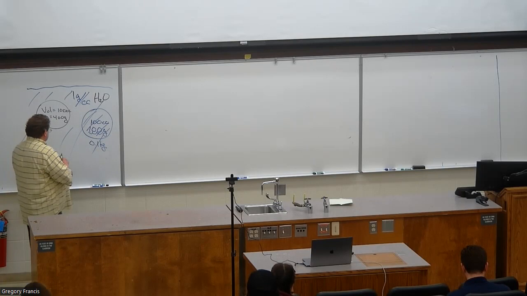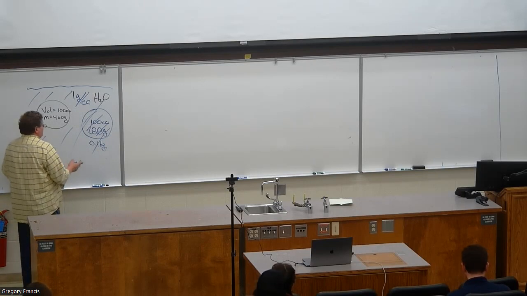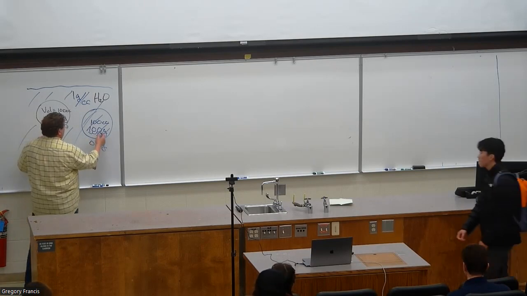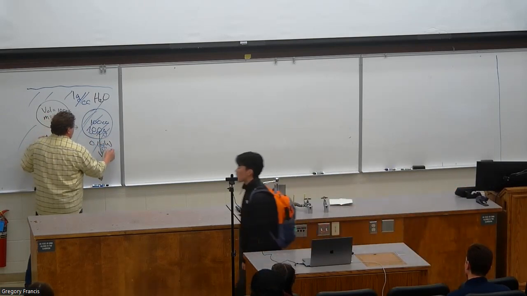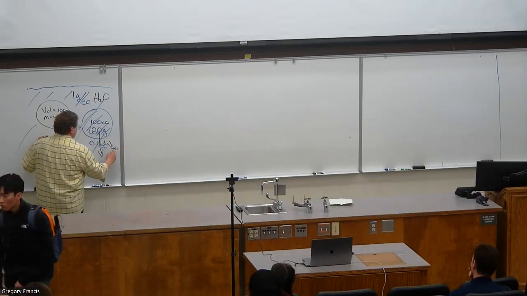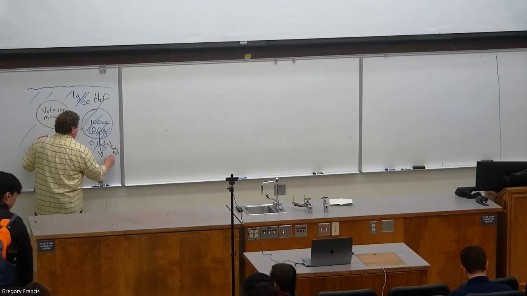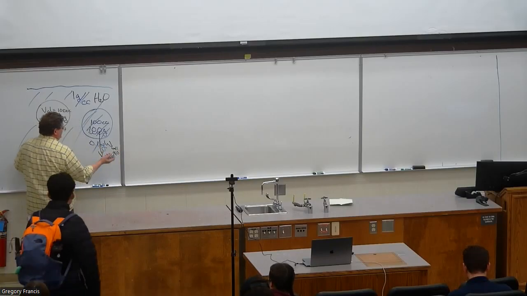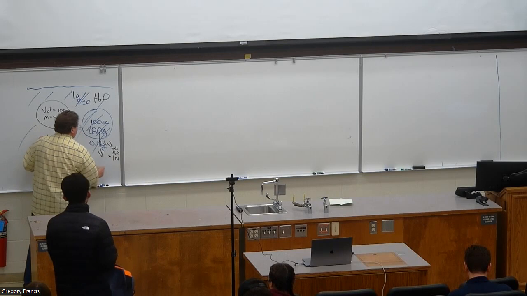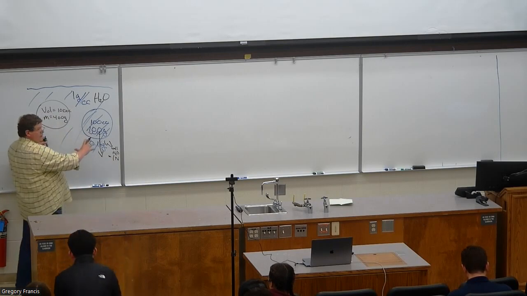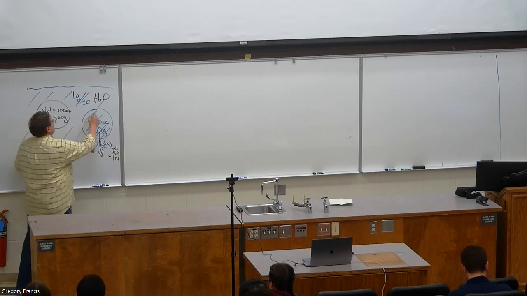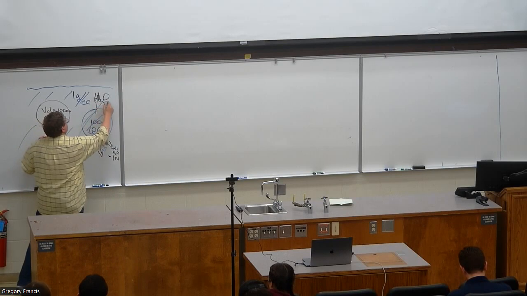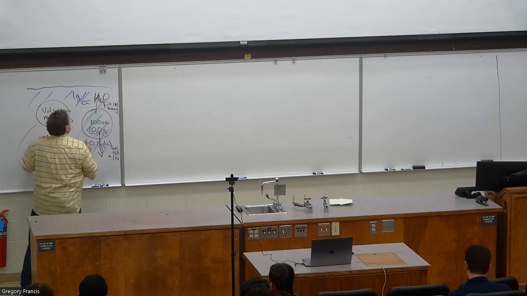Now, the weight of the ball of water is going to equal 0.1 kilograms times 10, or 1 Newton. And because that ball of water is not going anywhere, the buoyant force on that ball of water must also be 1 Newton.